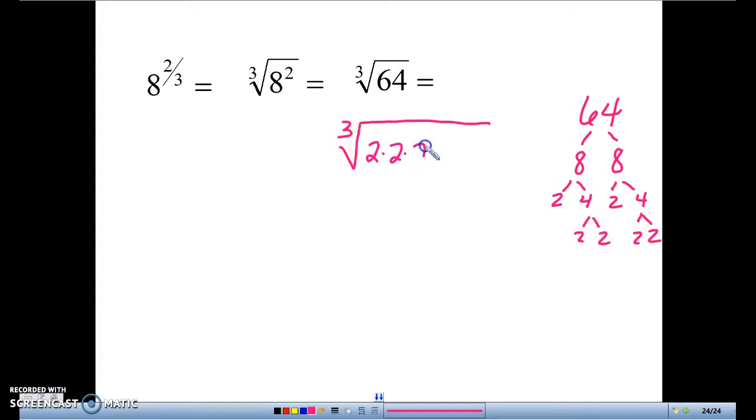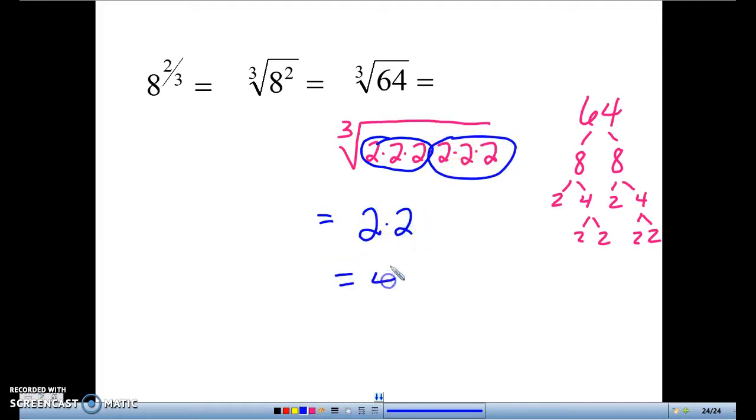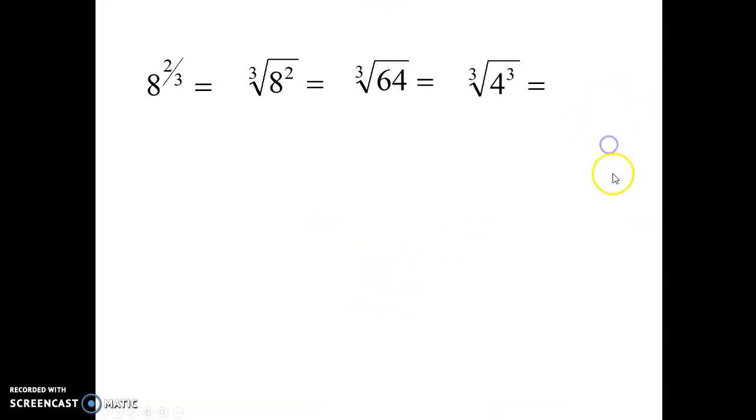Group 3 of them together and it comes out of the radical sign. If you put this straight into your calculator, and I want you to try it, you should get 4 as an answer. Give it a try. I want you to know how your calculator works.